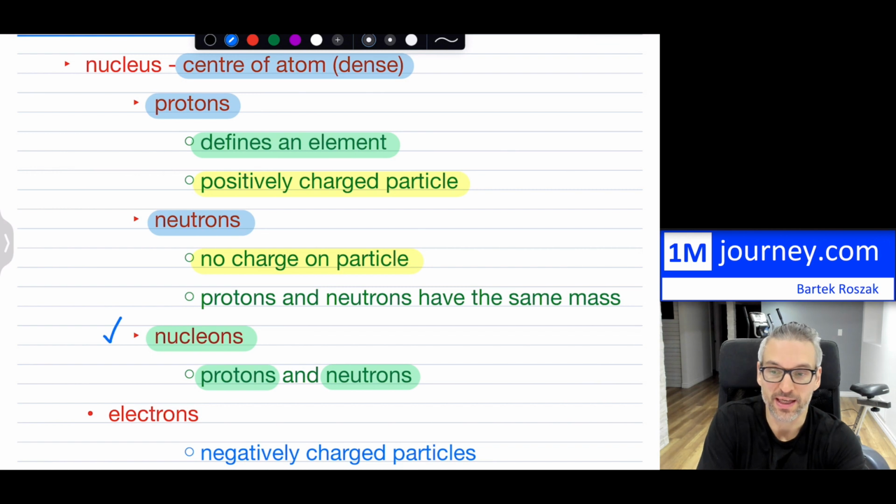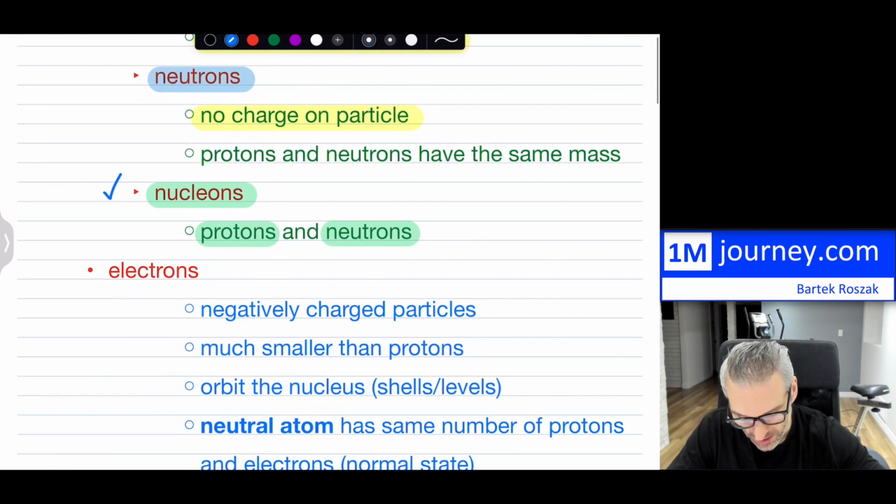So nucleons are just particles that are within the nucleus. And which two particles are within the nucleus? Protons and the neutrons. All right? So we have an atom, and inside of that atom, in the center, we have protons and neutrons. Protons are positively charged, neutrons are neutral, no charge at all.